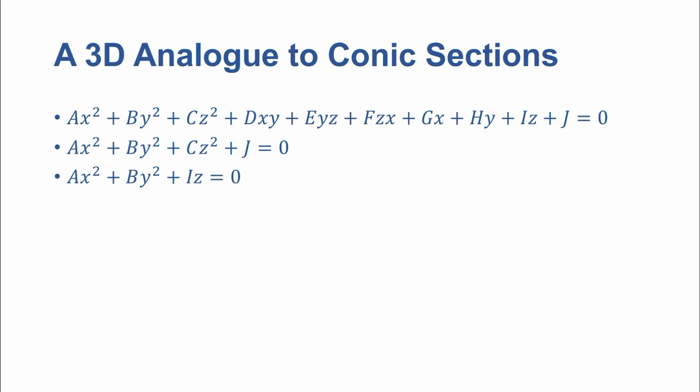Now, we can really transform these into far more simple equations that we'll be using mostly, which is ax squared plus by squared plus cz squared plus j equals 0, and ax squared plus by squared plus iz equals 0. Pretty much all of our quadric surfaces cover these two equations, and they will be variations of these two equations.